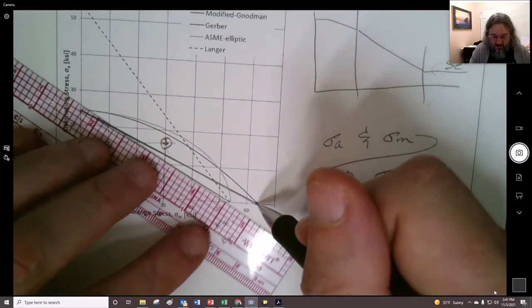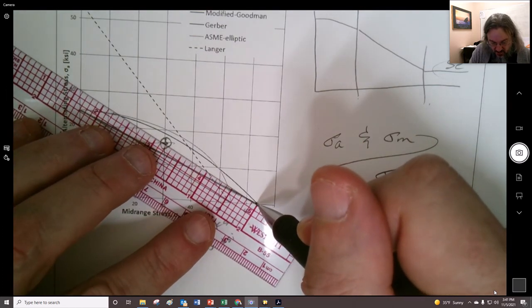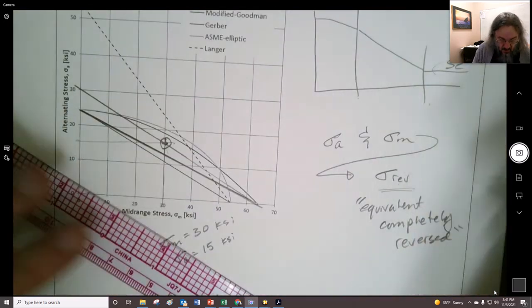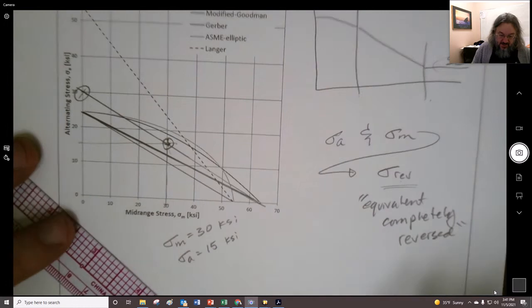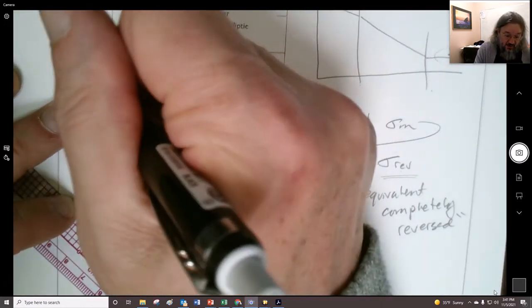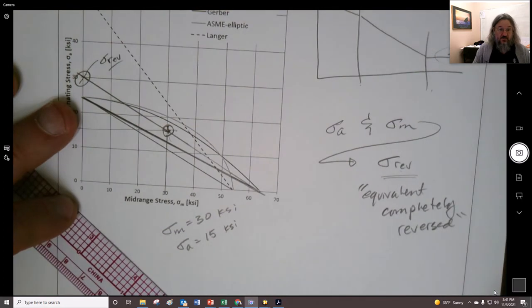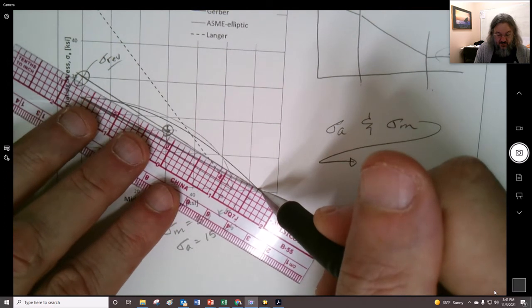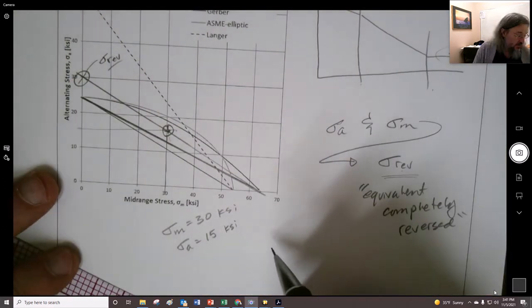Graphically, I'm going to start at my ultimate strength and go through here, and I'm going to find this point right here, and I'm going to call it my sigma rev, the equivalent completely reversed. I've kind of modified this and zipped up and went through there.